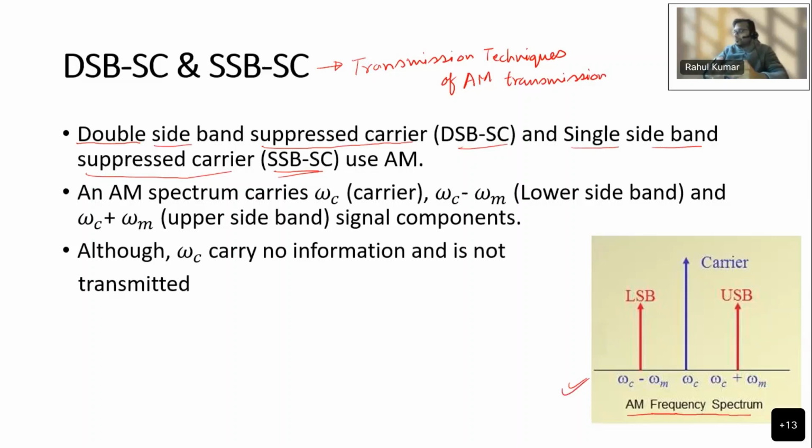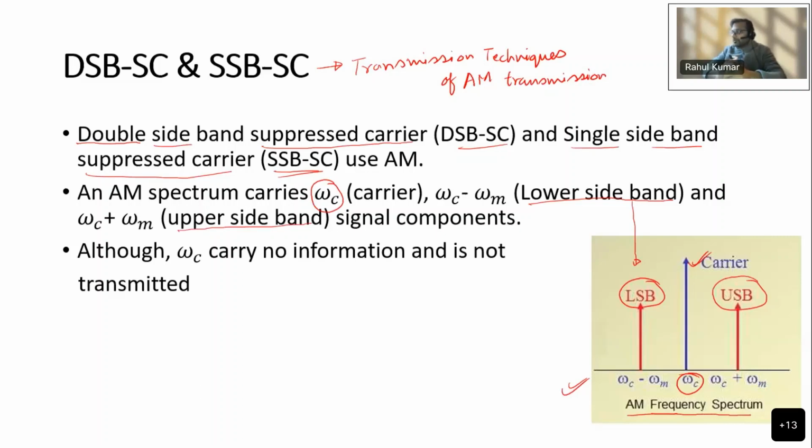In amplitude modulation, the frequency spectrum consists of your carrier frequency, omega c, then a band of frequencies less than omega c, which we call the lower sideband, LSB, and a band of frequencies higher than the carrier frequency, which we call the upper sideband, or USB.